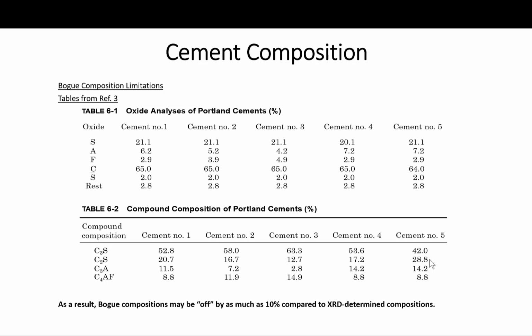Though, Bogue composition may be off by as much as 10% compared to the XRD determined compositions. The quantitative XRD is more accurate in determining the phase composition.